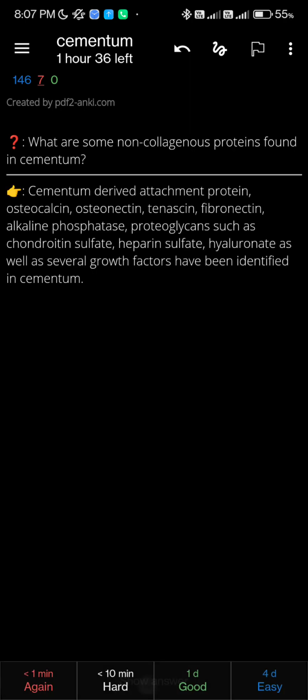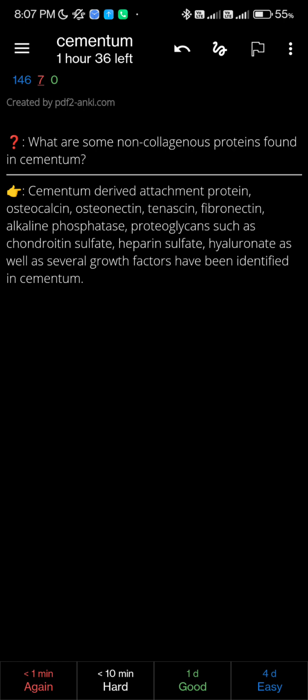Proteoglycans such as chondroitin sulfate, heparan sulfate, and hyaluronan, as well as some growth factors, are found in cementum. The primary function of cementum is attachment.